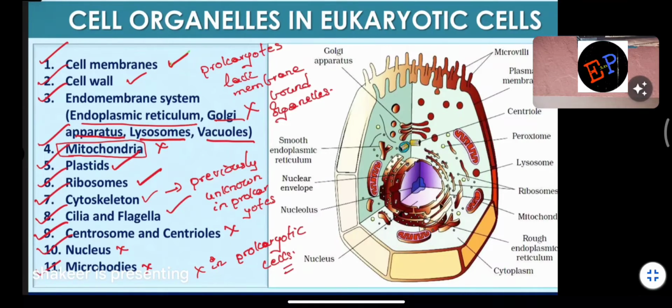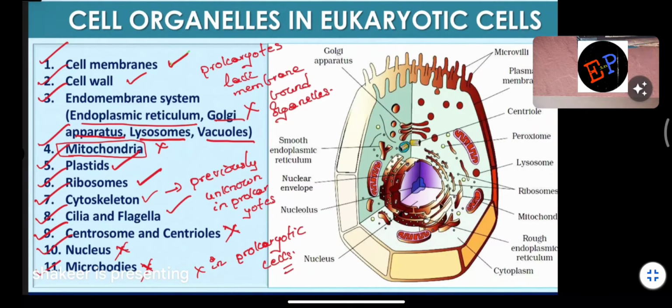Centrosome and centrioles are absent. The nucleus is absent. Microbodies are also absent. Instead of microbodies, what do we have in prokaryotic cells? Inclusion bodies are present. But here, microbodies are present. Questions can be framed on these differences.